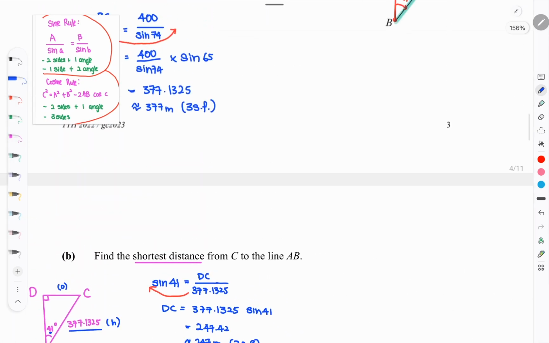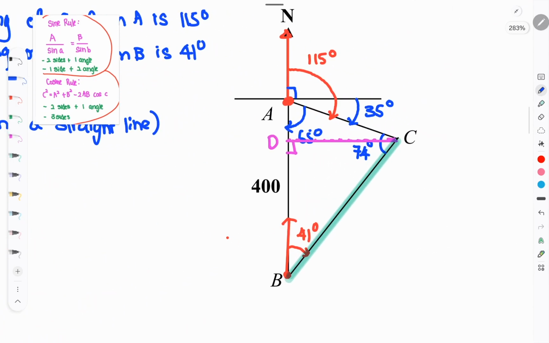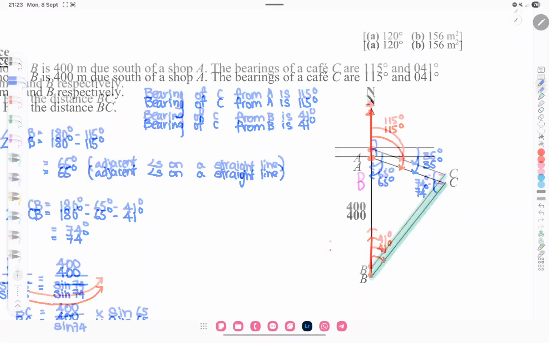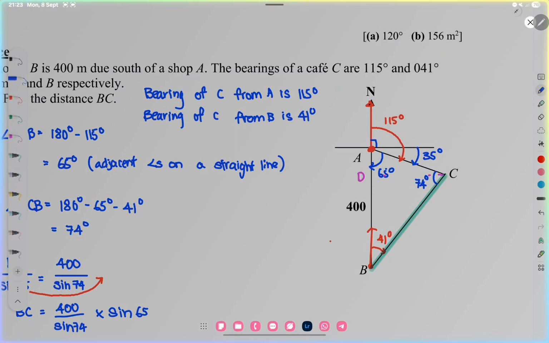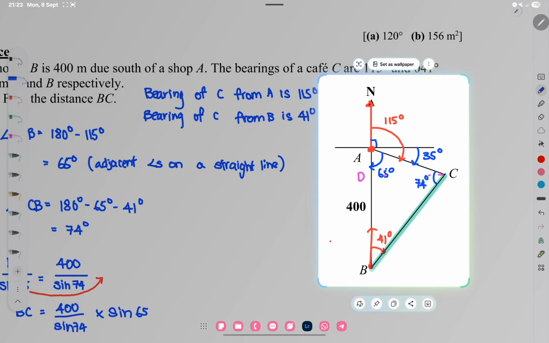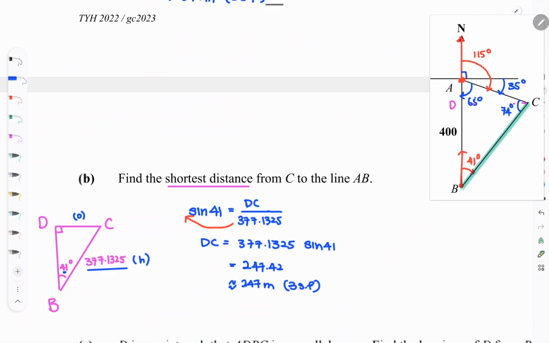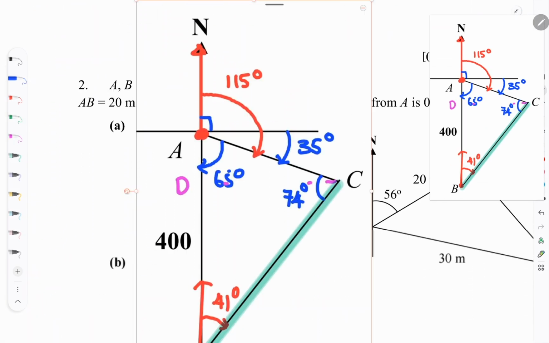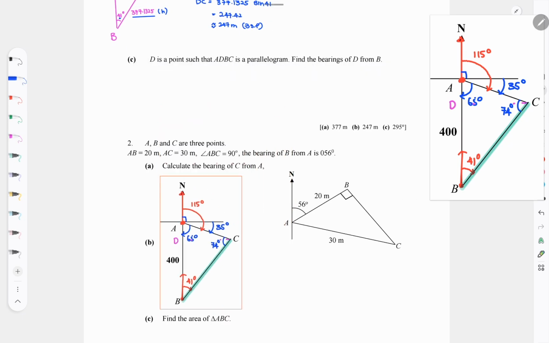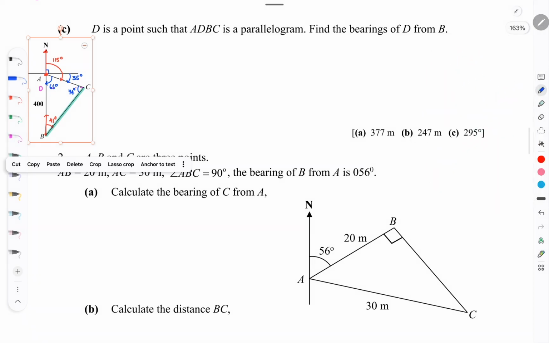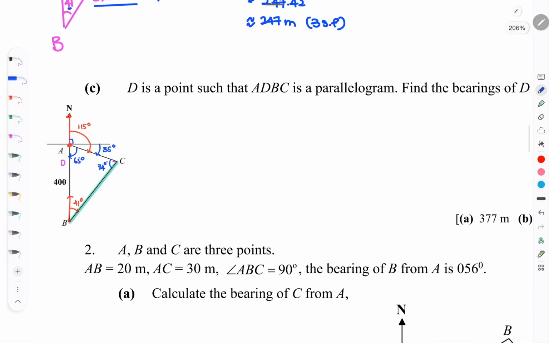Before we carry on, let me just take a screenshot of this so that I don't have to keep scrolling up and down. Okay, so let me carry on.